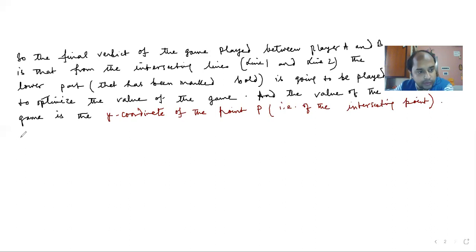And you know the value of the y coordinate is 5/2. So 5/2 is the value of the game in this particular case.